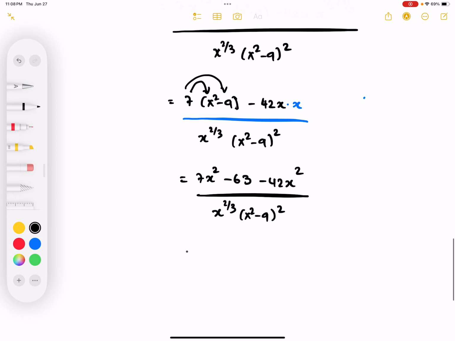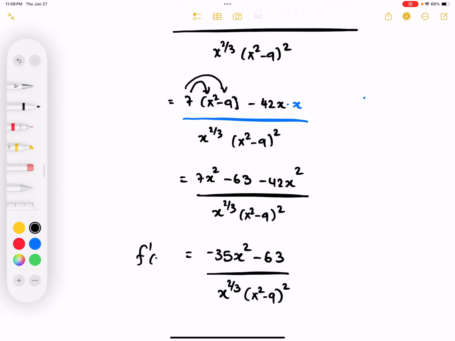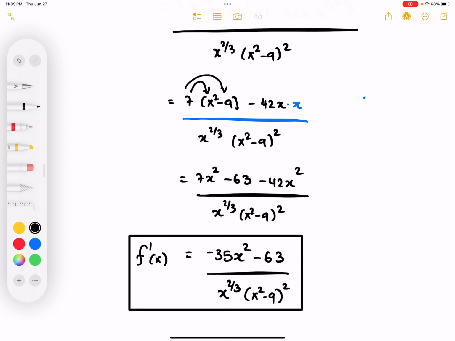Now 7x squared minus 42x squared is minus 35x squared, minus 63, divided by x^(2/3) times (x squared minus 9) the whole squared. That is the derivative of the given function, and all the exponents are positive.